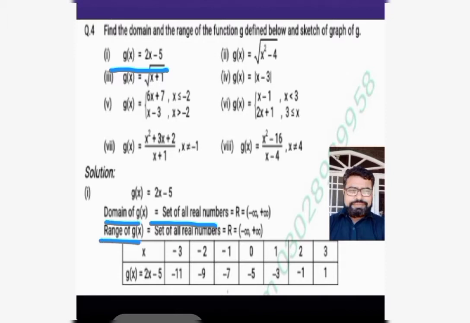Domain and range both are real numbers, and set of real numbers can be written as a letter R with a line.